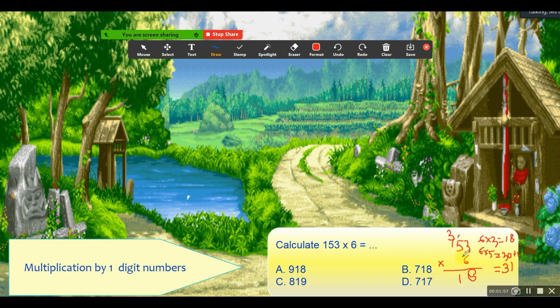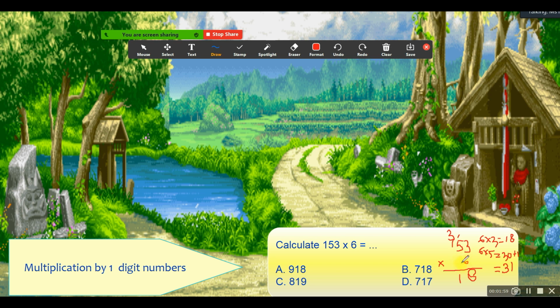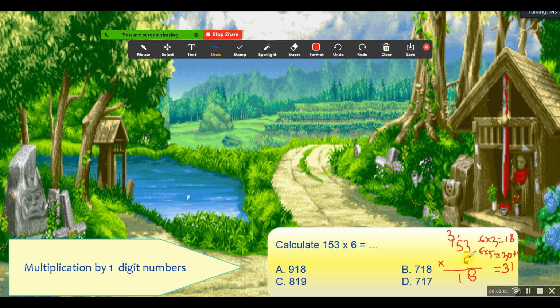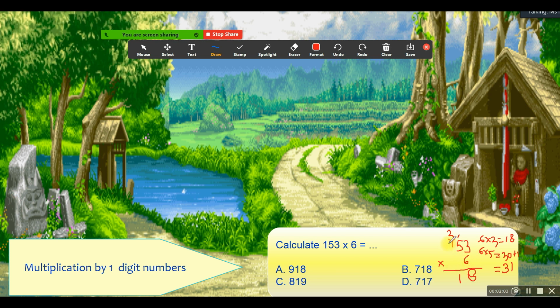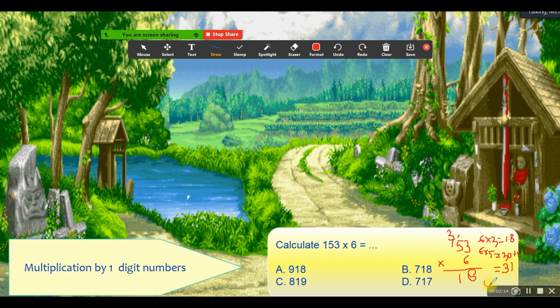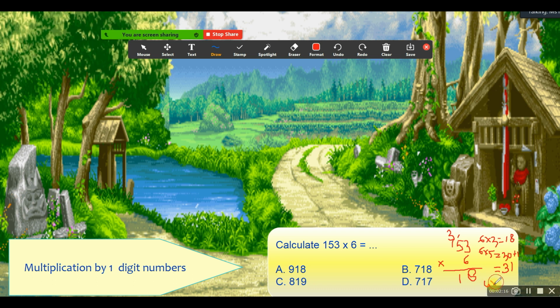After this, we can multiply the ones in the bottom number by the hundreds in the top number. 6 times 1 becomes 6.